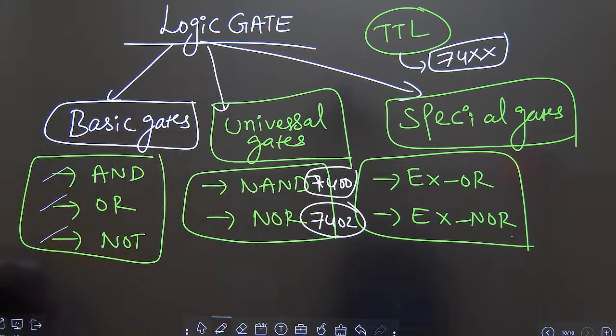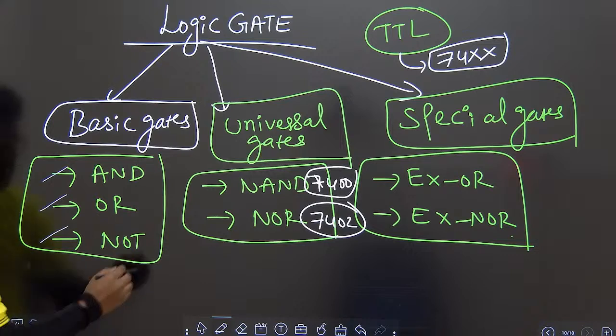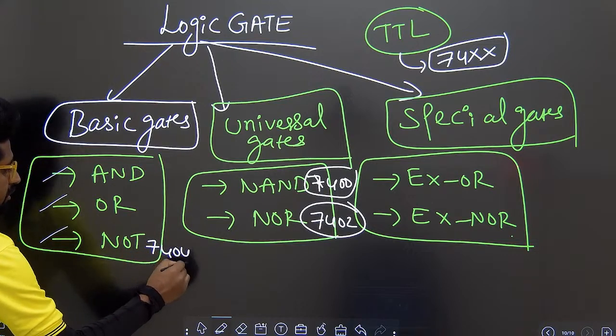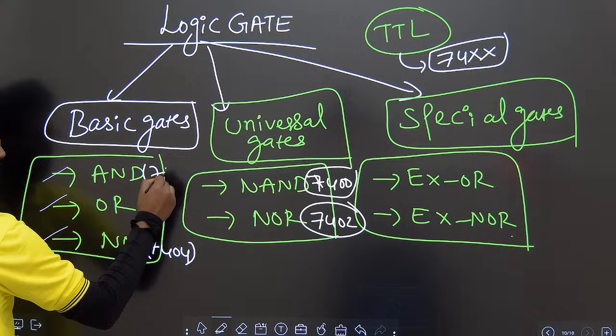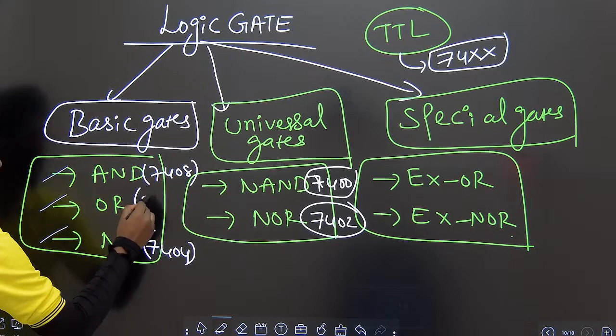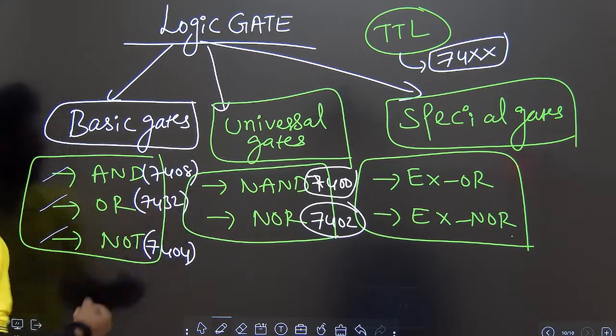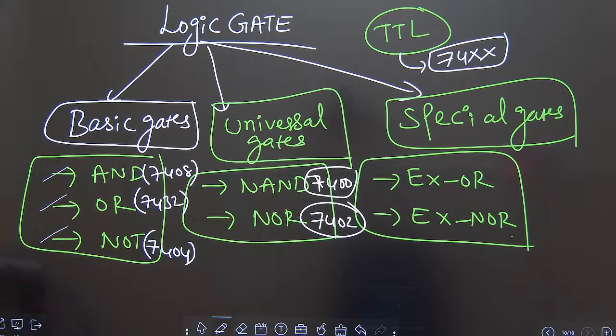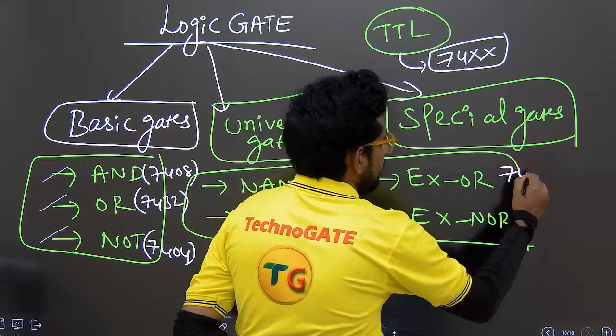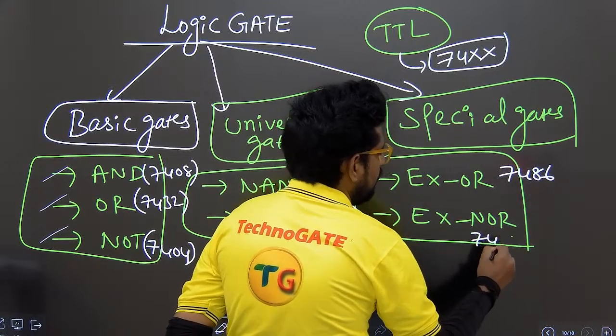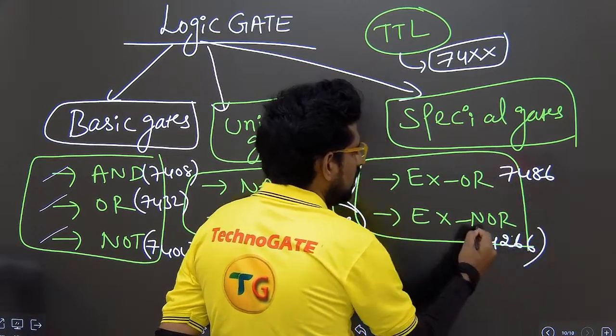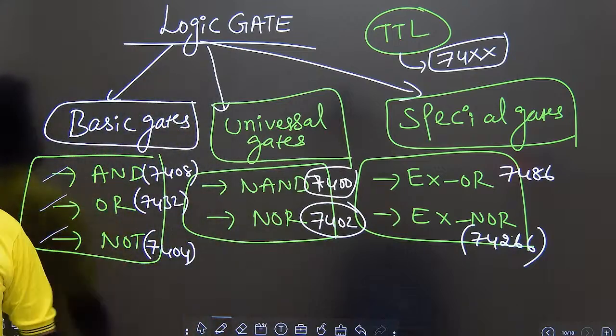The NOR gate is 7402. NOT gate is 7404 and AND gate is 7408. OR gate is 7432 and finally XOR gate is 7486, and XNOR is 74266.